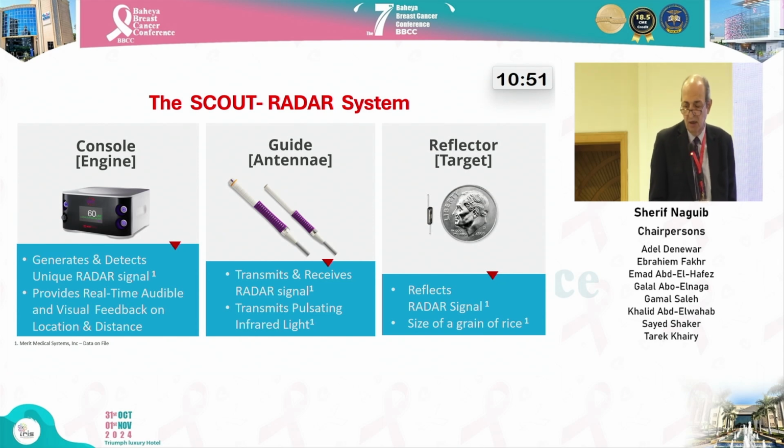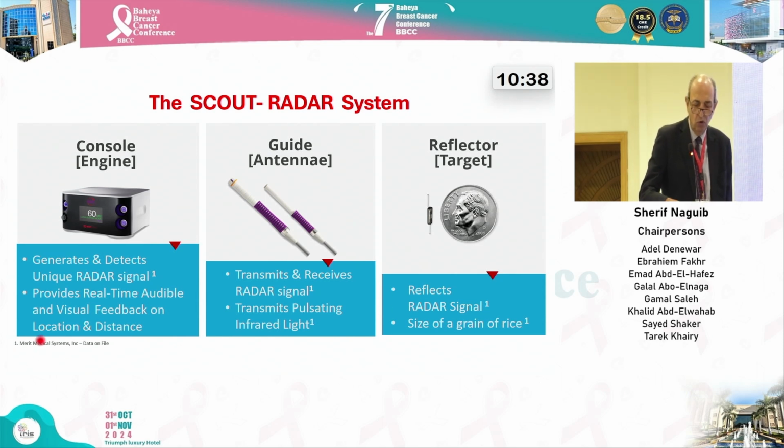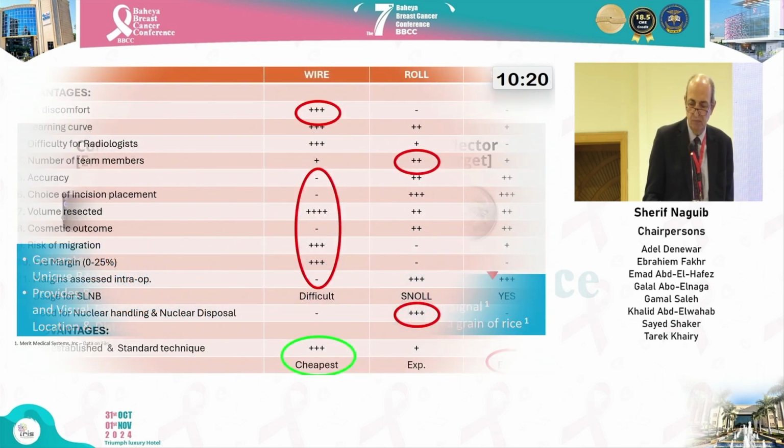This radar reflector will remain in place, will not move, and will not cause any harm to the patient until she finishes her neoadjuvant chemotherapy. Then there is the console, which generates and detects radar signal, and there is the probe or the antenna or the guide, which is linked through a cable to the console and which transmits and receives radar signals.